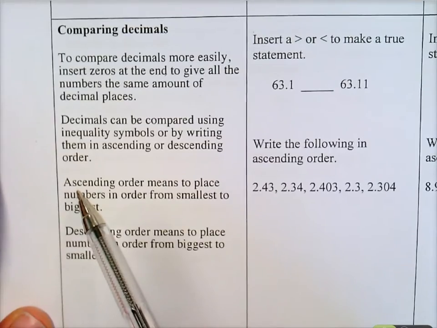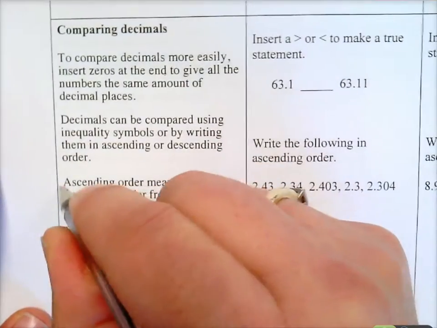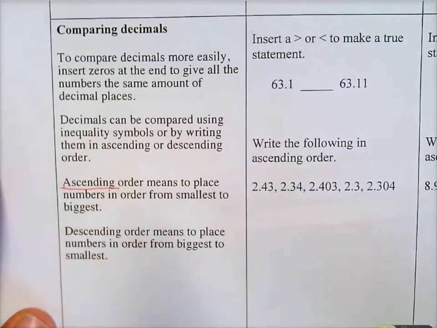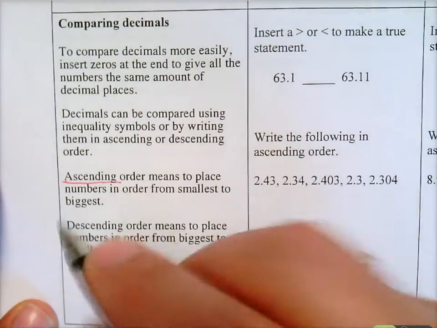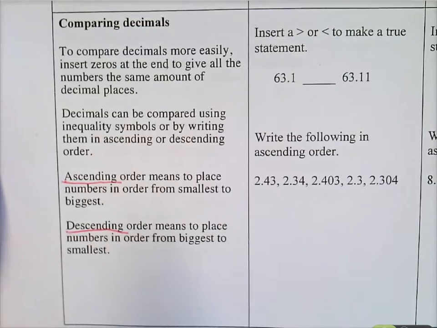Ascending, how do you remember that one, girls? Going up. Ascending order means to go from smallest to biggest. Descending order means to go from biggest to smallest, or going down.